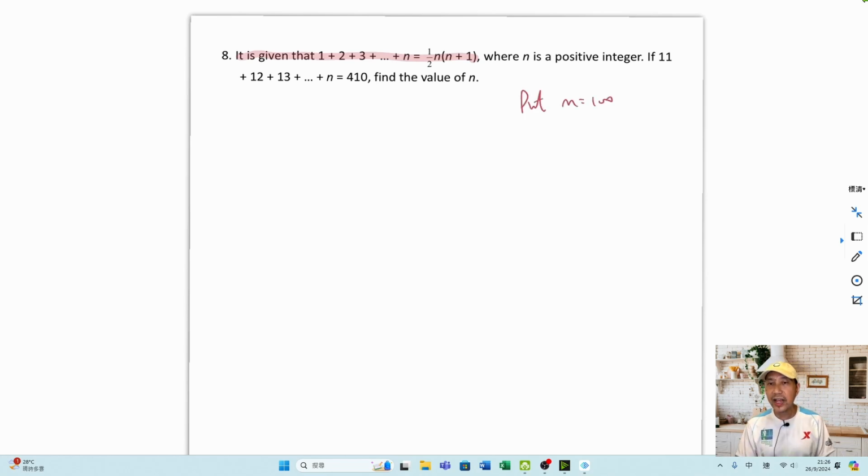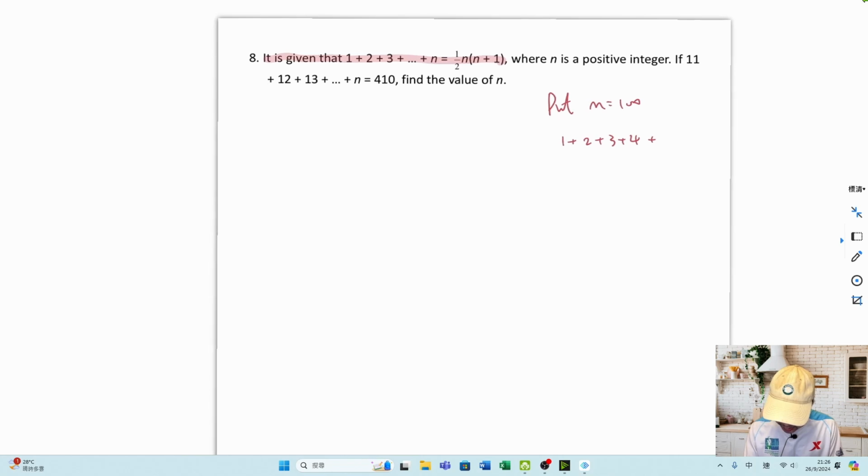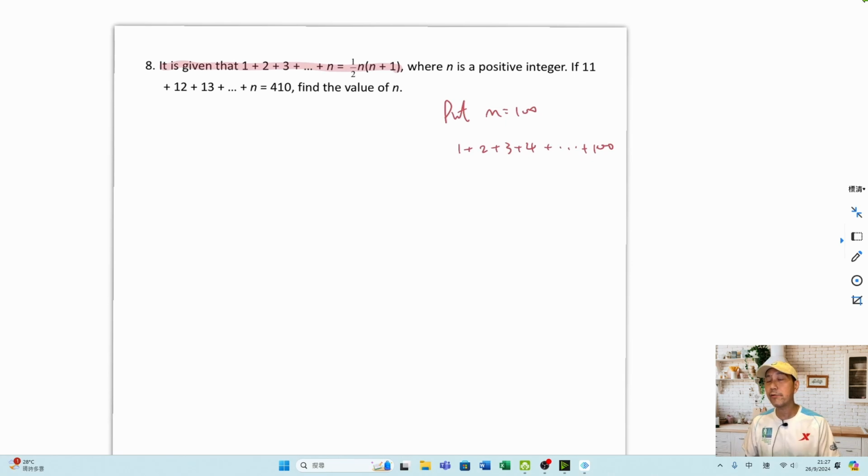Okay, the left hand side is 1 plus 2 plus 3 plus 4 and up to 100. Without the formula, we need to use a calculator to enter the numbers one by one and get the answer. But we can use this formula. You just put n is 100 into the right hand side.